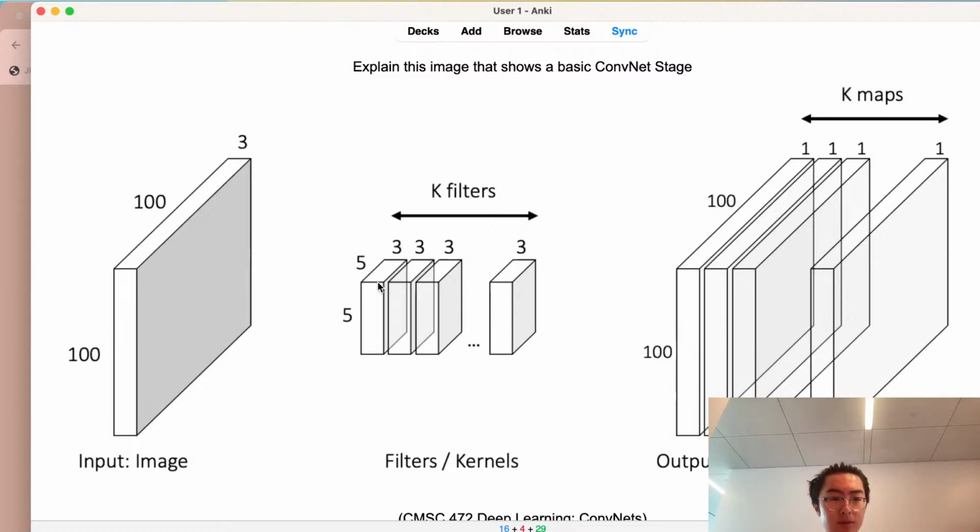I think what it'll do is it'll take one channel and multiply them together. Then you have channel 2, so 5 by 5, and then channel 3, 5 by 5. And then you add up all of those together, that'll give you a single feature map.